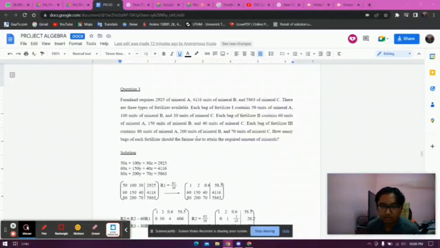In this question, we choose the Gauss-Jordan elimination method to solve it.